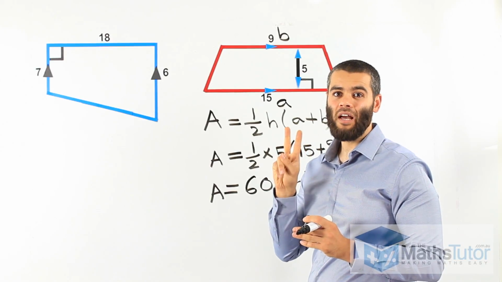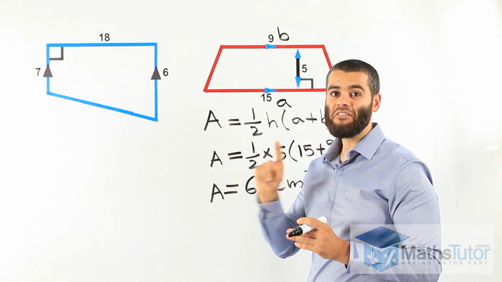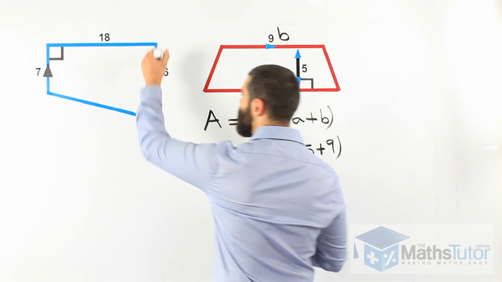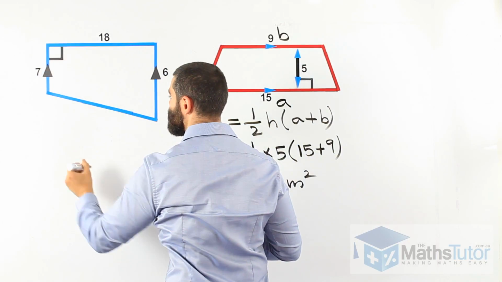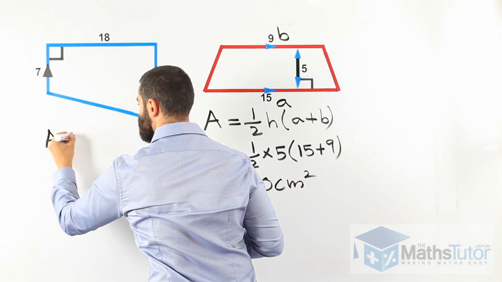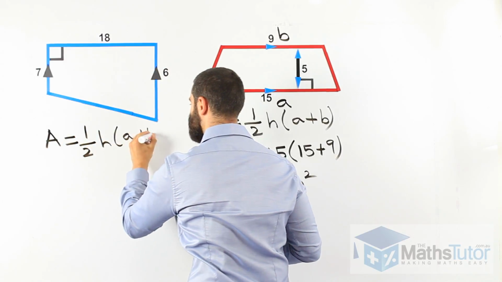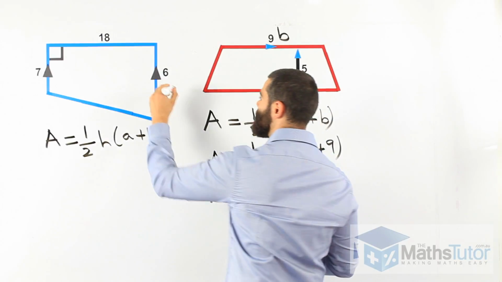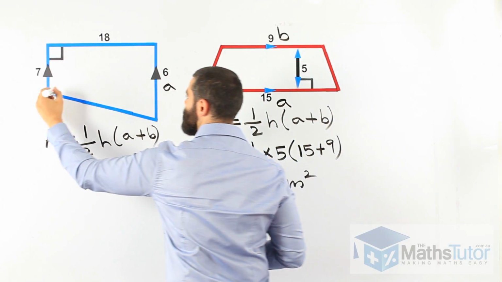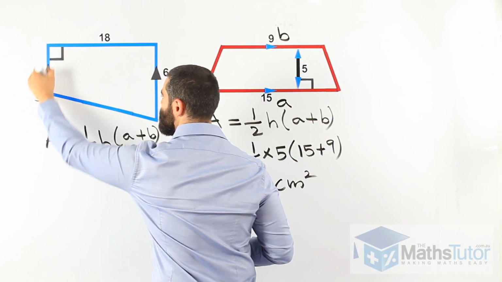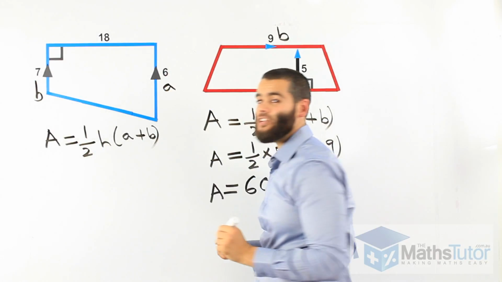Straight away, two parallel lines, we need to remember it is a trapezium. So parallel line here, parallel line there, it is a trapezium. Half h a plus b. And we know this can be our a and this can be our b. There it is.